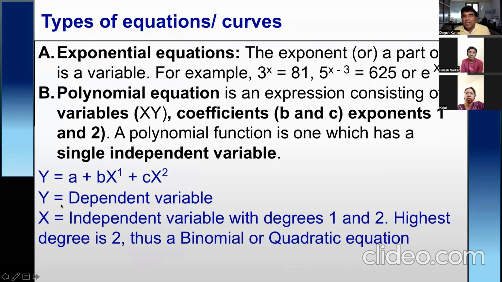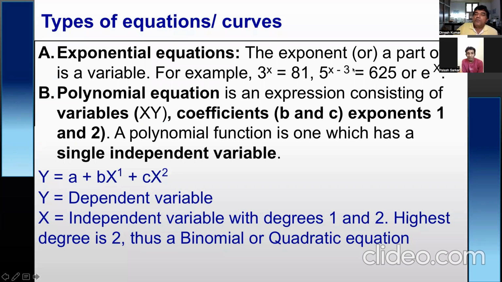Now you can see exponential equation, the exponent means power, or part of it is a variable. For example, 3 power x is equal to 81. This is one equation. 5 power x minus 3 is equal to 625, or e power x.